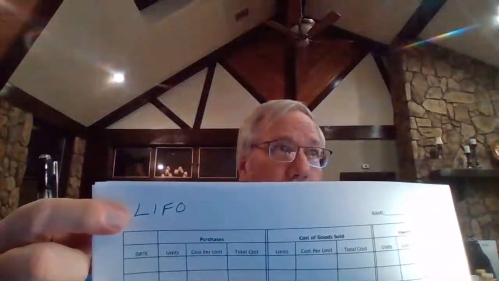So, once again, I put my method up here, which is a good thing to look at when I'm building the grid. Again, starting out with the same number of bicycles in our beginning inventory. 12 units at a cost of $42 a unit, $504.